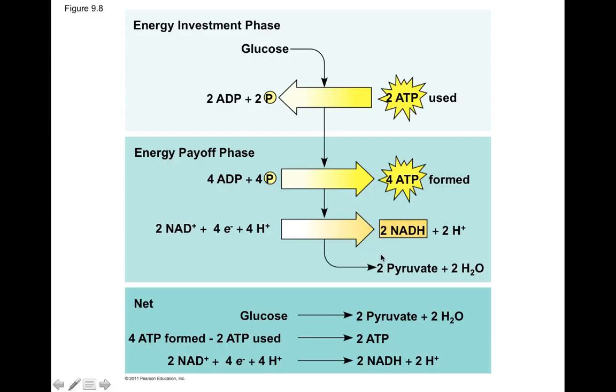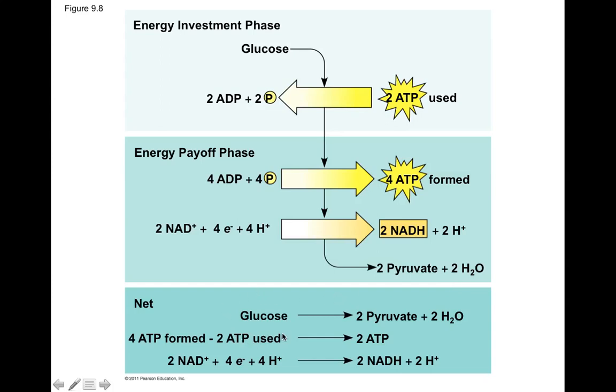So you can probably glean that NADH has something to do with what happens to oxygen. So those electrons get on the electron bus to go to electron camp, and we end up with 4 ATP, 2 NADH, and 2 molecules of what's left of glucose, which is pyruvate, and some water.